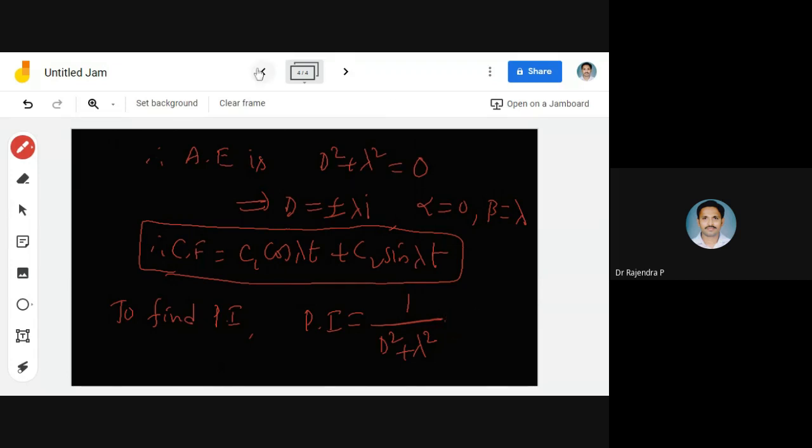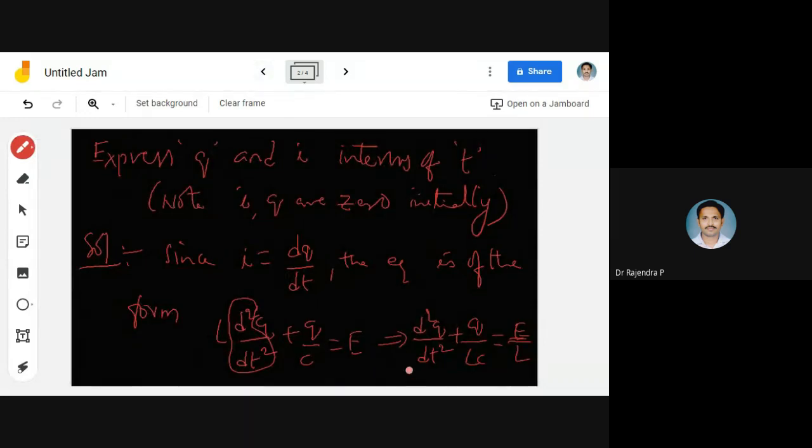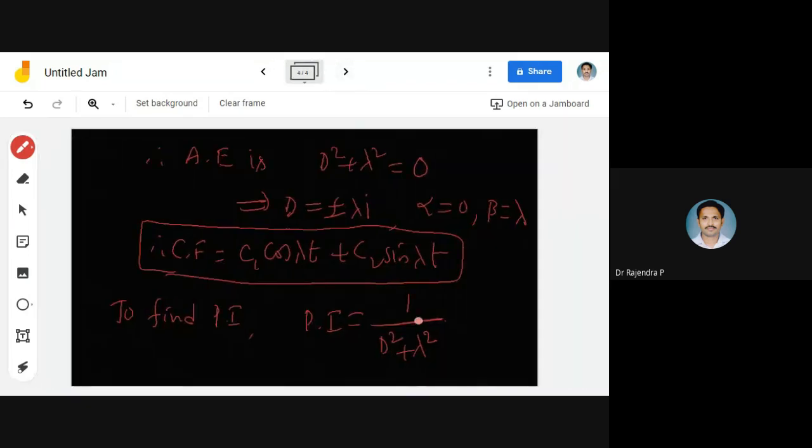Where is our function? The function is E by L. This is the equation I asked you to take. So on the right hand side, we have E by L. E by L, both are constants. How to evaluate this? Anybody?